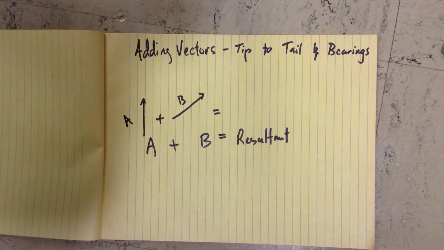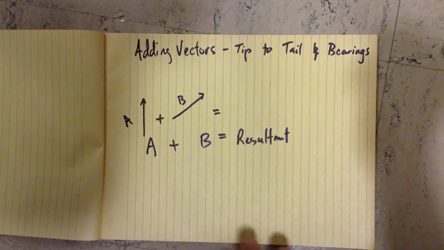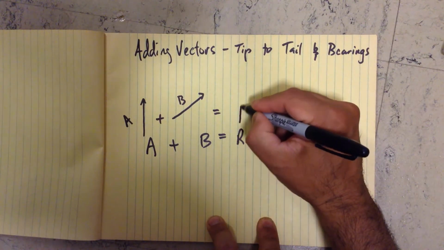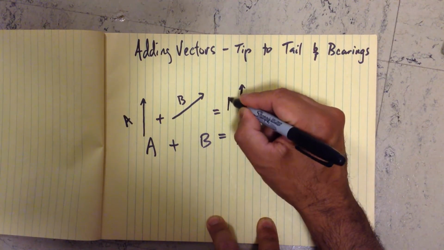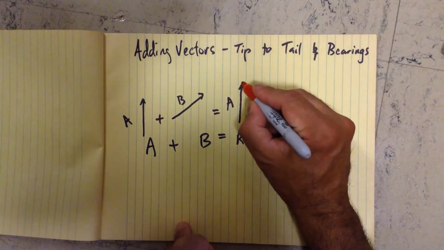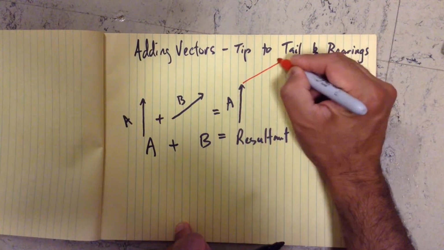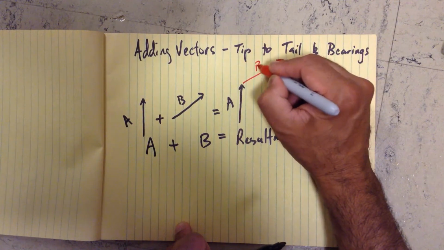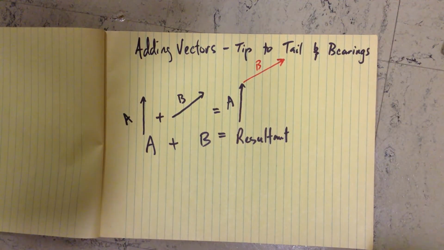When I do vector addition like this, and we use the tip to tail method, what we do is we draw our first vector A, then we draw our second vector B, and that second vector starts where the first vector ended.